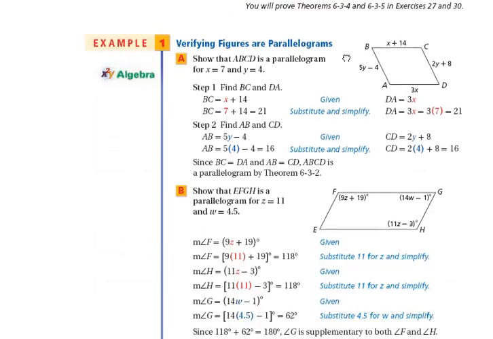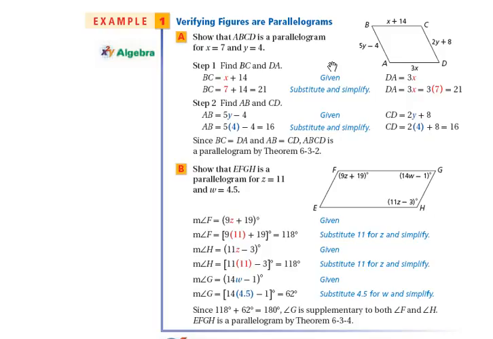So if you look at a couple of these examples, there's some pretty good ones here. Using some of these theorems, we're able to algebraically find some of these variables that are given here as well. And so, for example here, show that this ABCD is a parallelogram for x equals 7 and y equals 4.